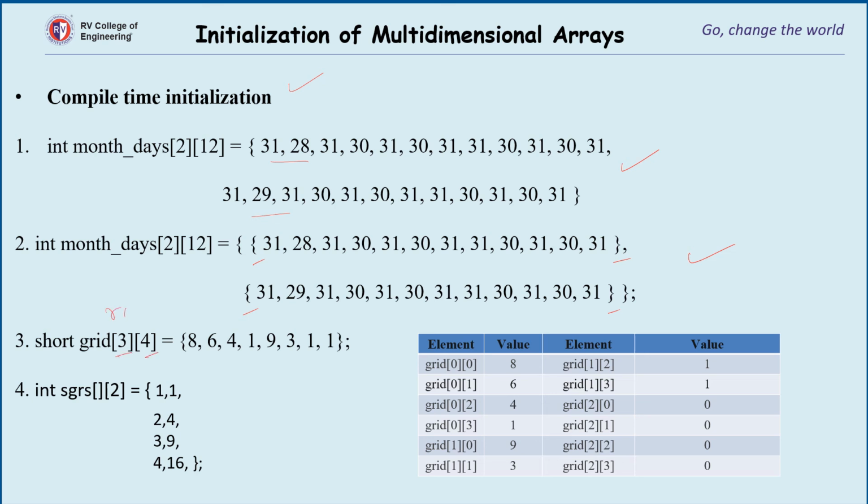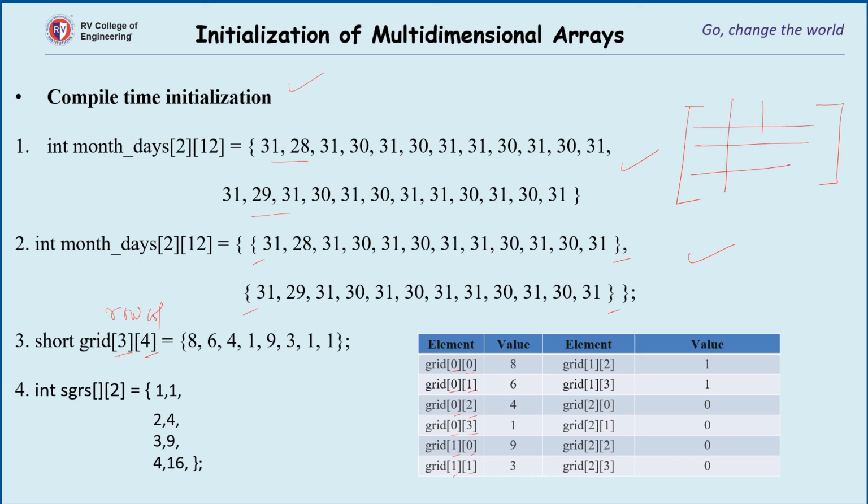The first subscript always indicates the row, the second always indicates the column. So here it will be grid of 0 0, 0 1, 0 2, 0 3, correct, 1 0 and 1 1.